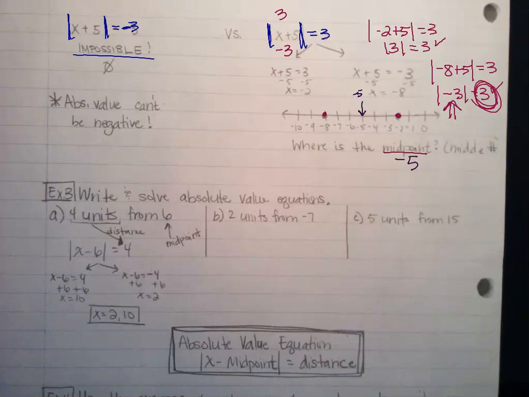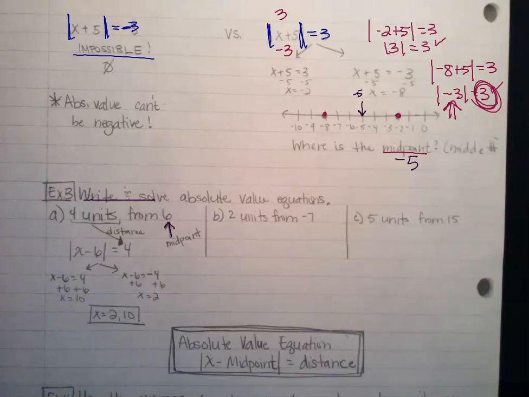Here's the thing, because we need that midpoint to write and solve. That's going to be more helpful. So in these examples, like example 1, we're supposed to write and solve an absolute value equation. It's 4 units from 6. They give us the midpoint.